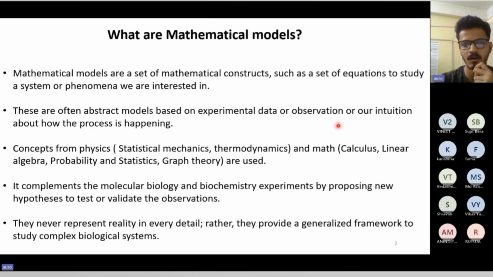How it works: it complements our molecular biology and biochemistry experiments by proposing new hypotheses, or it helps in validating some experimental observations. One thing we have to know is that these models are never 100% the reality.